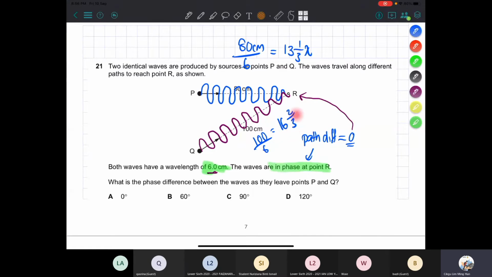The path difference here, if you subtract, how much do you get? Also not a whole number. 16.666 minus 13.333 is 3.3.